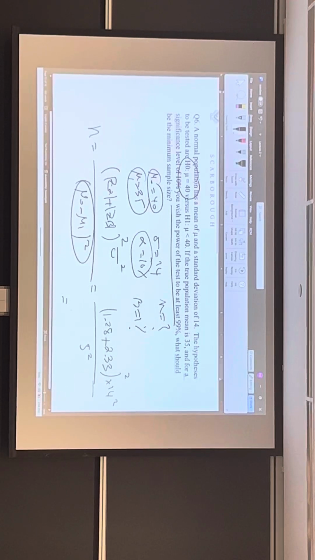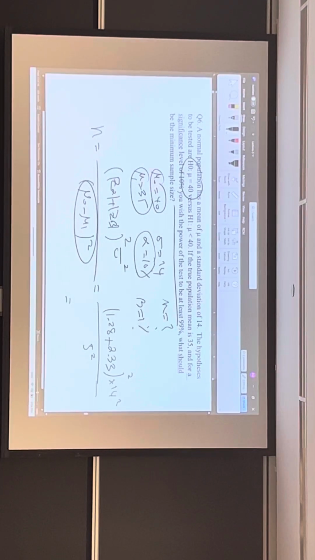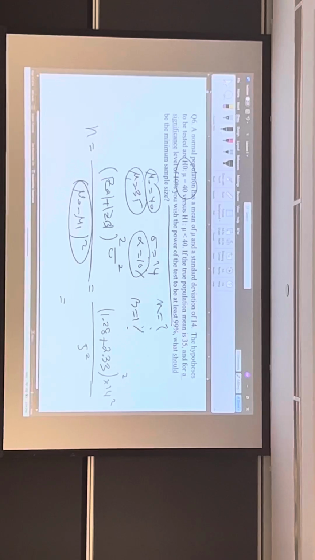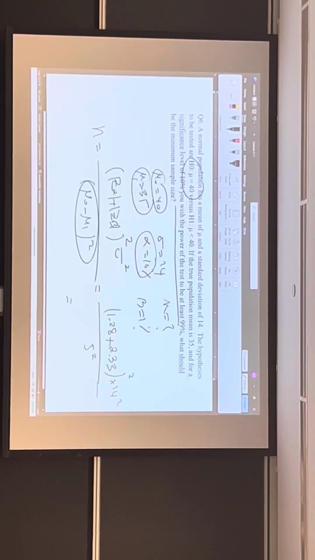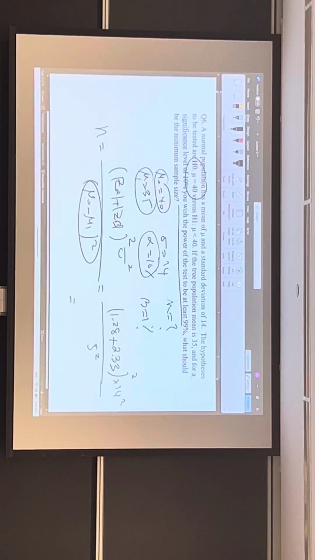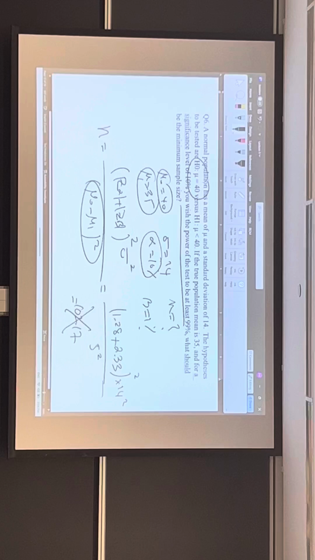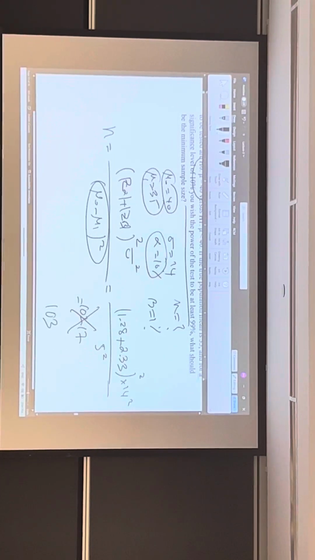How much? Don't round it yet. Without rounding, how much do you get? 102.17. So you always round up. So you should have at least a sample size of 103.